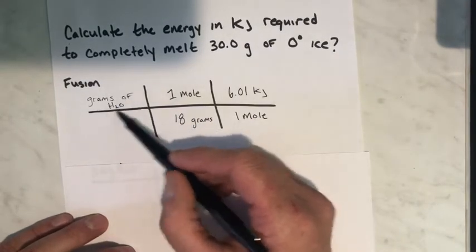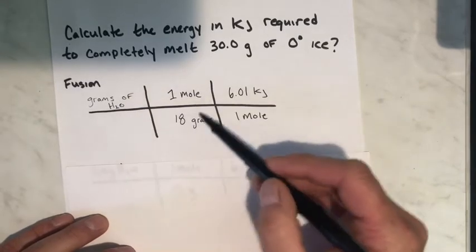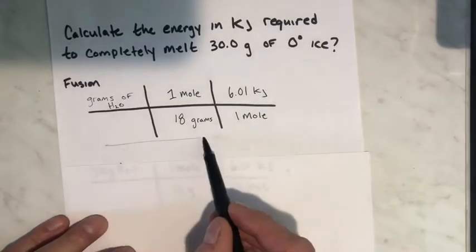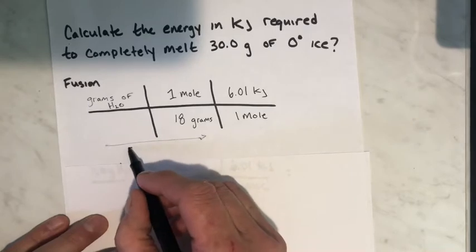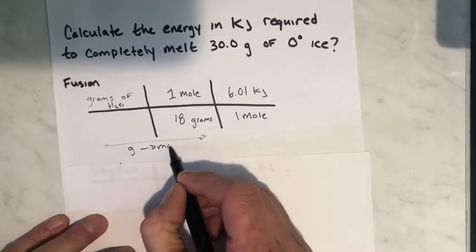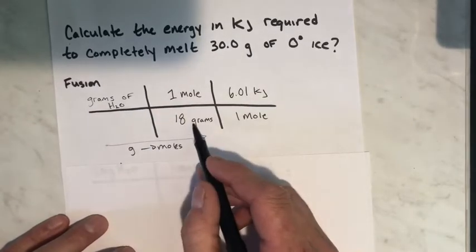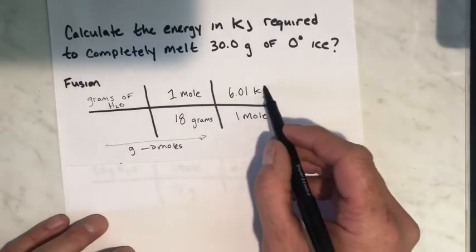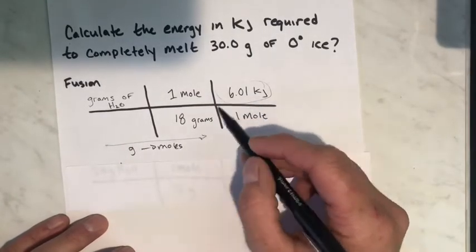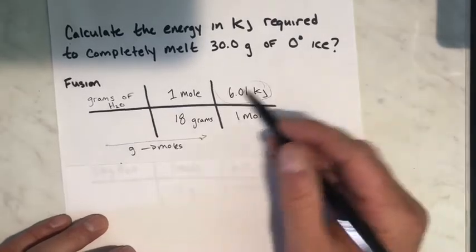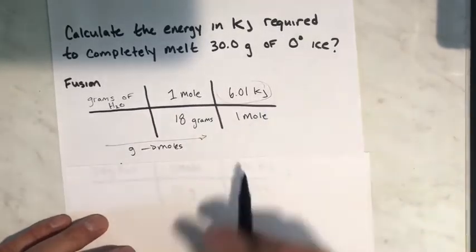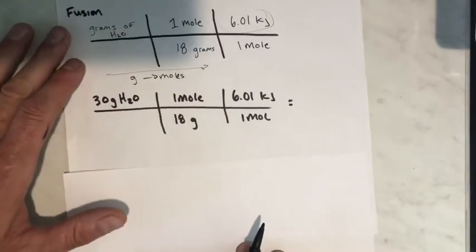We put our grams of water right here. This little stretch of the graph is converting between grams and moles. We would divide by the molar mass, right? And then this is our molar heat of fusion value, which we're going to multiply by the number of moles of ice there are.